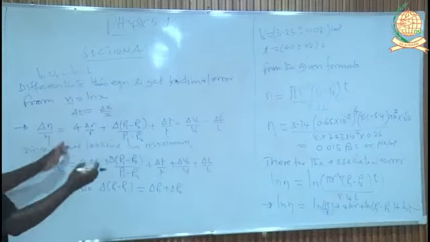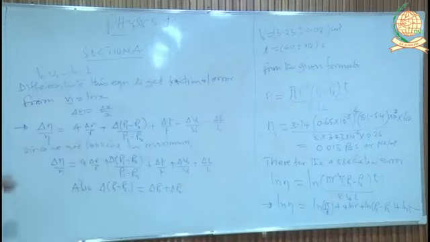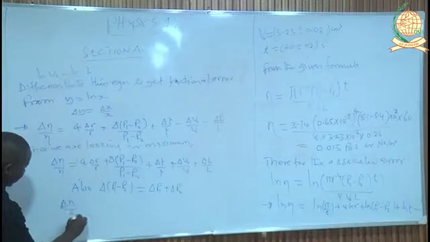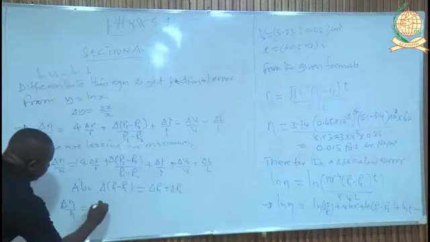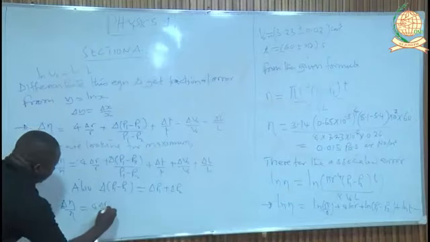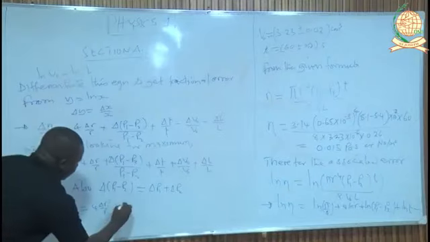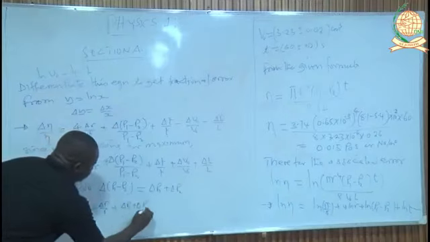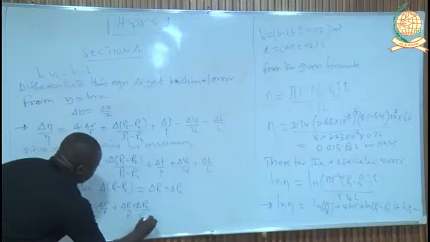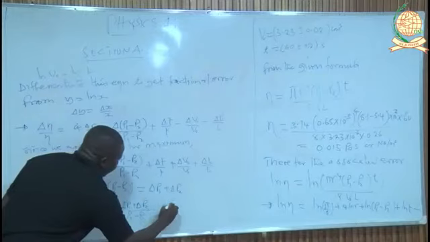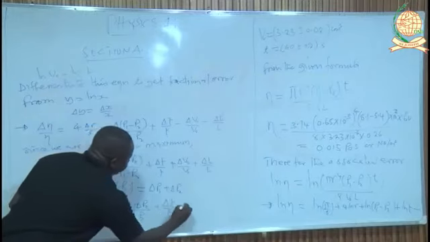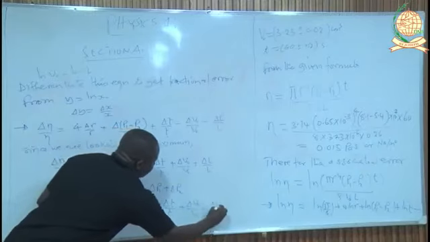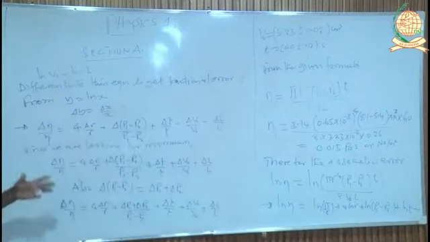So instead of having error in bracket P1 minus P2, we'll have error in eta over eta equals 4 error in R over R plus error in P1 plus error in P2 divided by P1 minus P2, plus error in T over T plus error in V0 over V0 plus error in L over L. So we have all the errors.